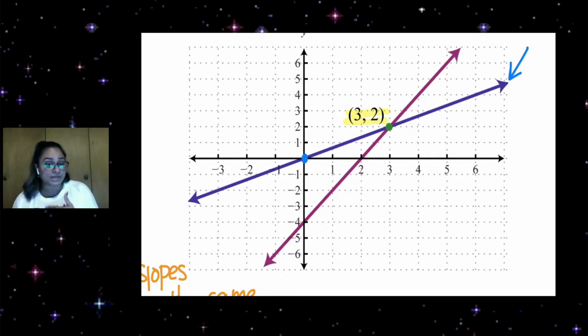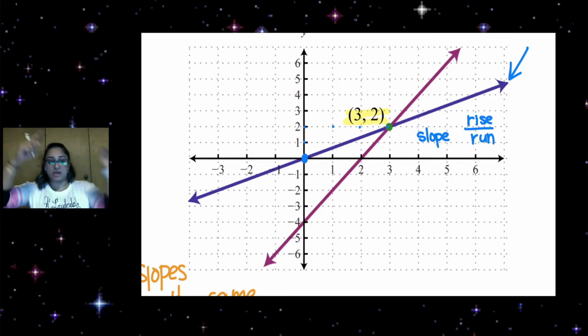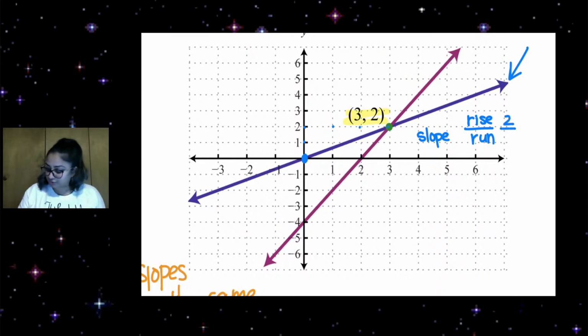So to count my slope without using the slope formula, I simply go up 2 and over 3. So slope can be looked at as rise over run. So remember, I went up 2 and then over 3. So right now I have a slope of 2/3.